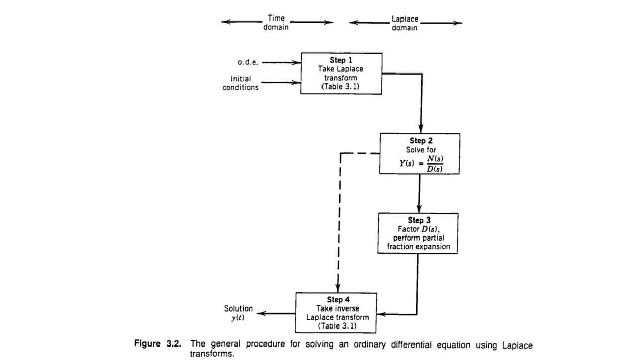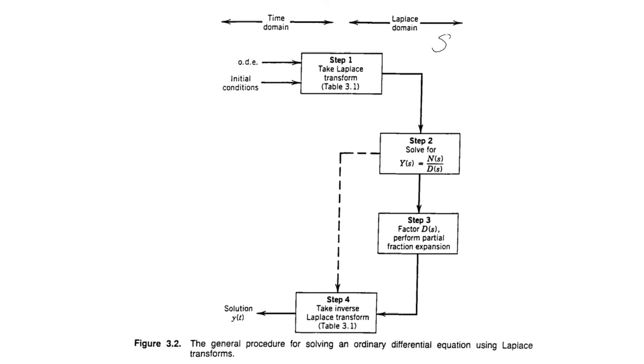I just want to look at this process within a flow chart. What can we do? Well, we have two domains. We have our natural domain. We're used to thinking about the time domain, which has an independent variable of time. And we can use Laplace transforms to shift into this frequency domain, where the independent variable is s, which corresponds to frequency.